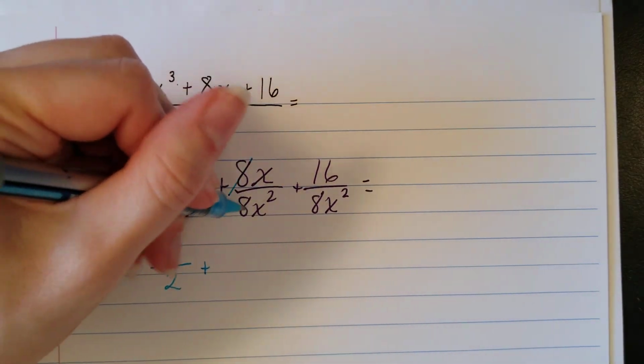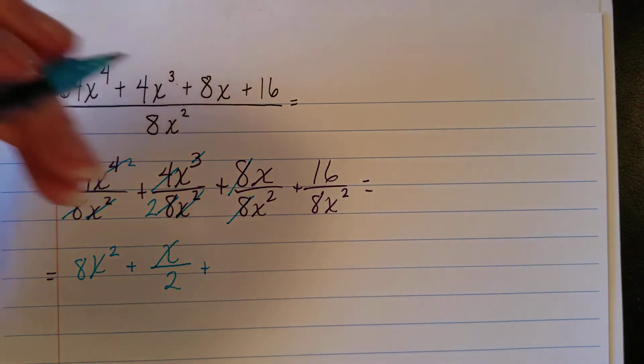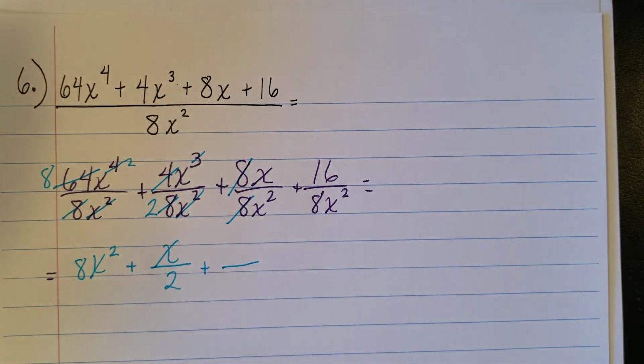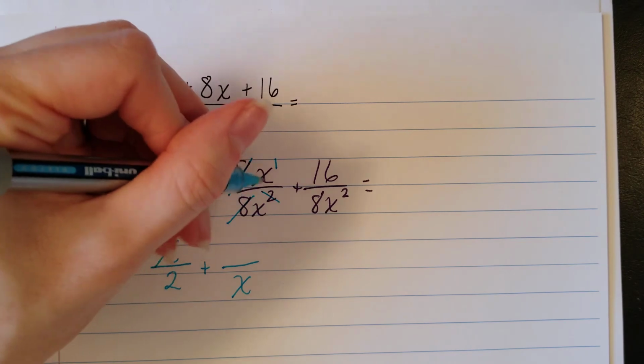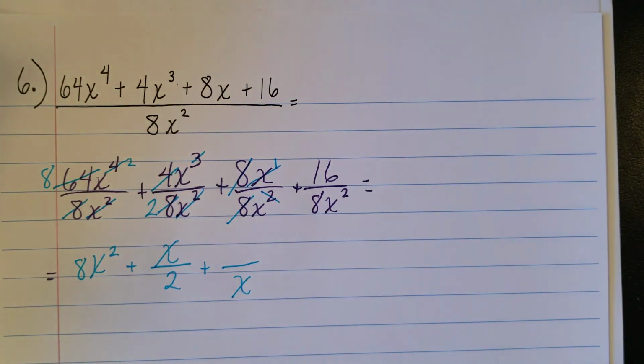Plus, 8 cancels out, and in this case you've got the larger exponent on the denominator, so x is going to stay in the denominator. That's an invisible 1, so 2 minus 1 is 1, so it's just an x on the denominator.